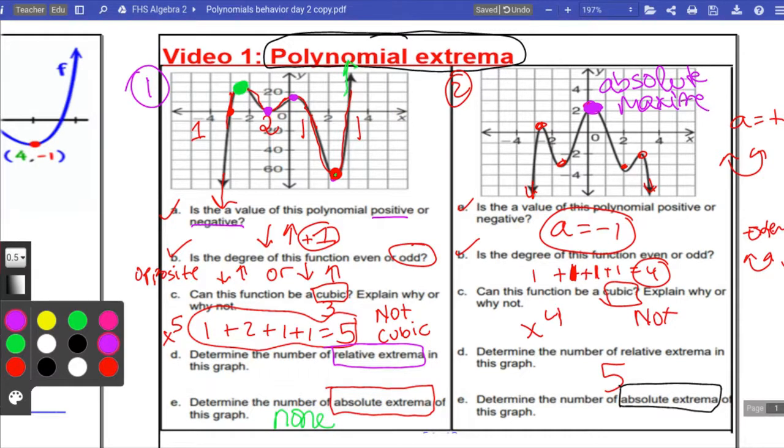I can't even spell maximum right now. So we do have one maximum. But do we have a minimum? No, we do not, because the arrow goes down forever. So I don't even see a minimum here. This will not work for the minimum because the arrow goes down. It has to be the highest point or the lowest.